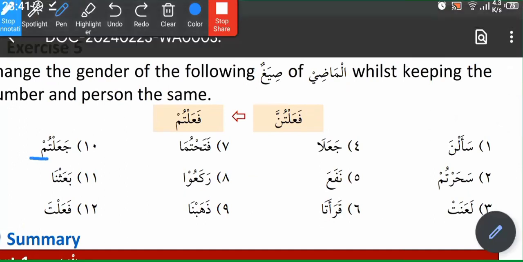Like tum, alif at the end, ta maftuh at the end, tuma at the end, waw alif at the end, alif at the end, noon maftuh at the end, tum at the end. All these are which category?